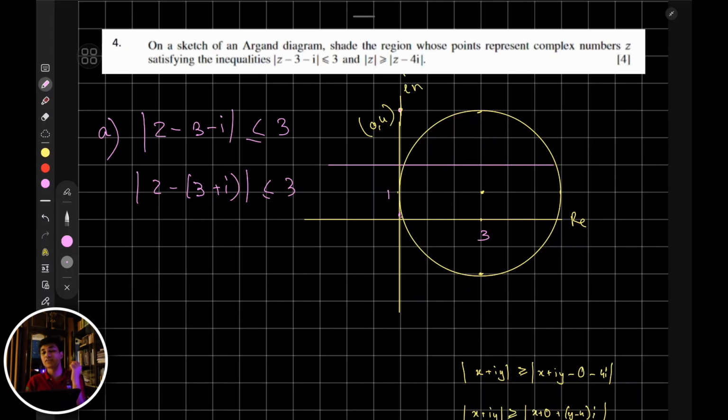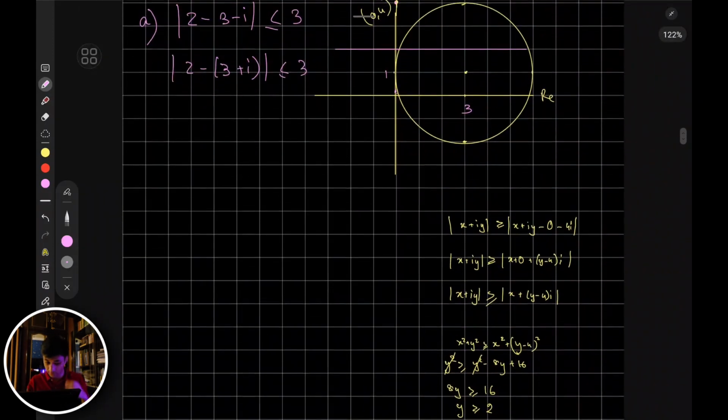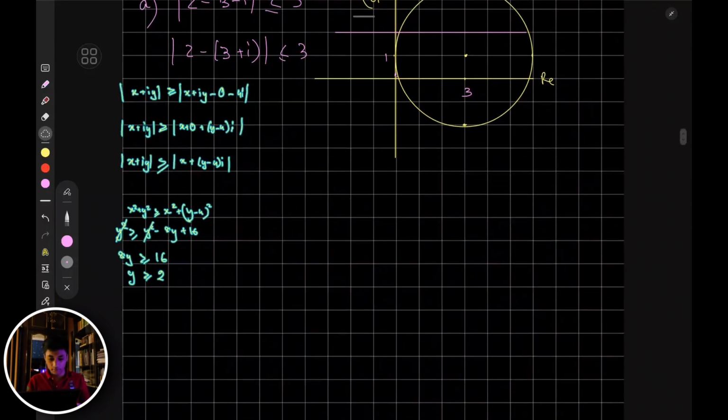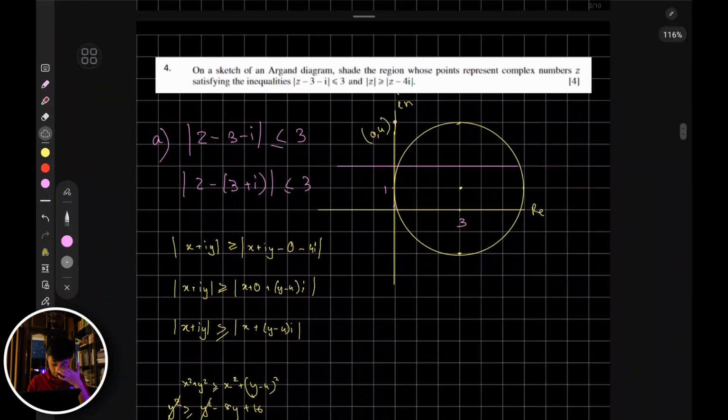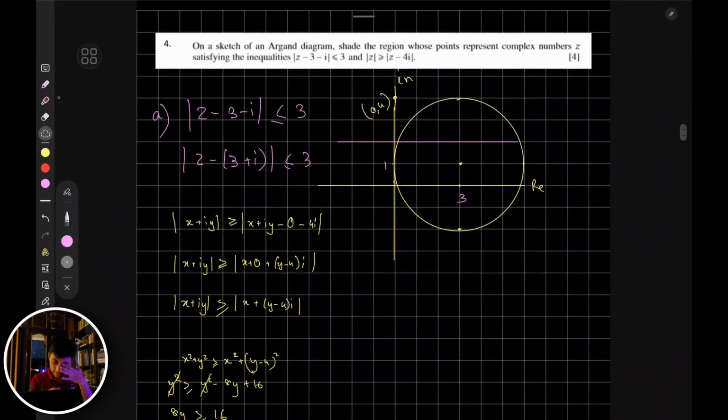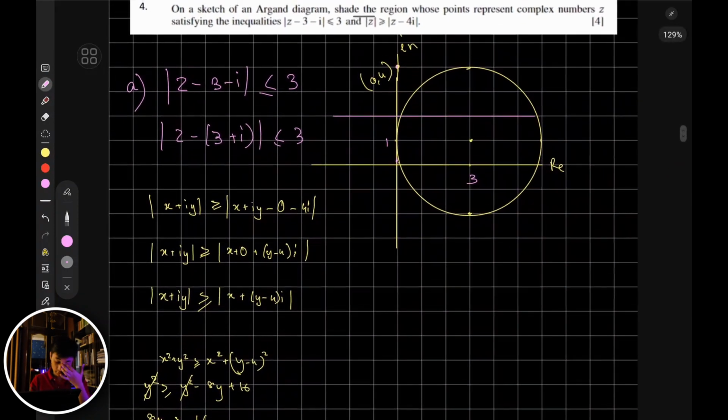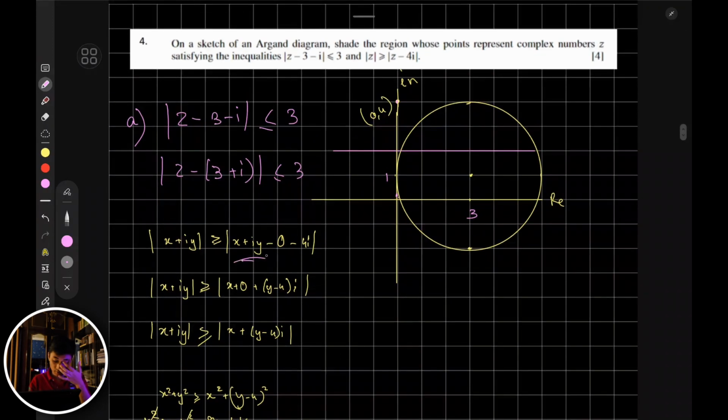Now how do you calculate this line or find this line? You use the equation. That is why I wrote this. So basically solve for this, where z is a complex number: you take z as x plus iy, and z as x plus iy on this side as well.